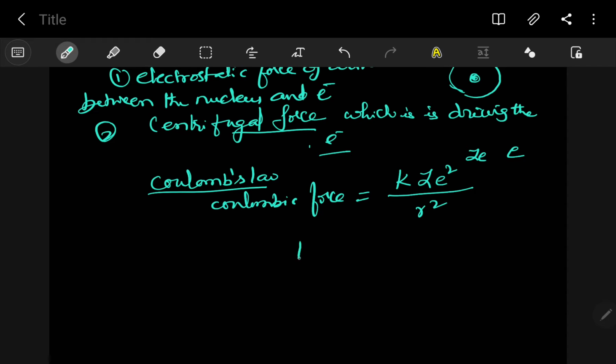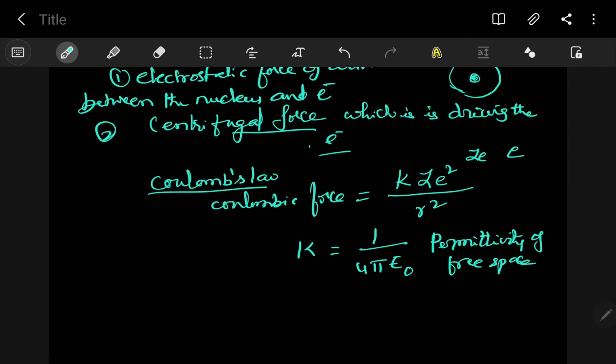And what is K here? K is 1 by 4 pi epsilon naught, where epsilon naught is the permittivity of free space. K equals 9 into 10 to the power of 9 newton meter square per coulomb square.